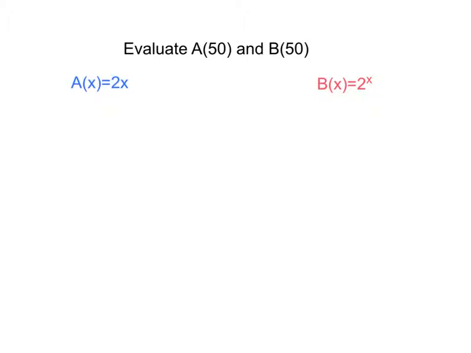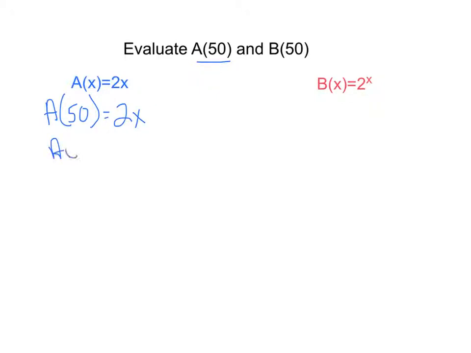Now let's look at what happens when we try to evaluate these two functions. We just sort of want to see what exactly happens. So, first of all, let's look at a of x equals 2x, and we want to evaluate a of 50. So a of 50 equals 2x, and basically all we're doing is we're plugging numbers in.